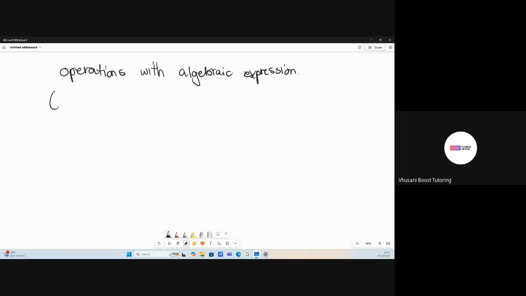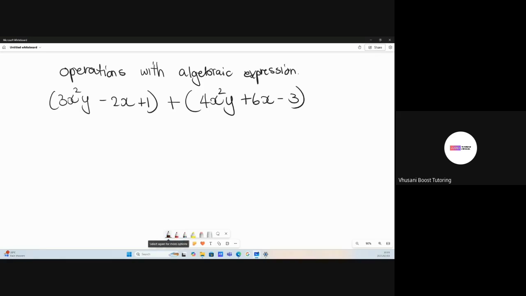Let's say you have 3x squared y minus 2x plus 1, plus 4x squared y plus 6x minus 3. It's basically just simplifying this expression. I won't take much time on this because I think you guys will be okay with it, so let's just quickly do it.